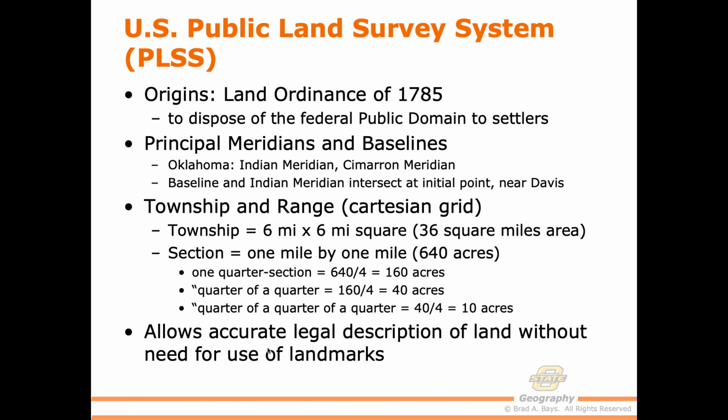Now, if you divide the quarters, you get quarters of a quarter, and that would be 160 acres divided by 4, or 40 acres. This is the type of question you'll receive in some of the quizzes. A quarter of a quarter of a quarter would be 40 acres divided by 4, or 10 acres. So that's a nice way of dividing up land into divisions.